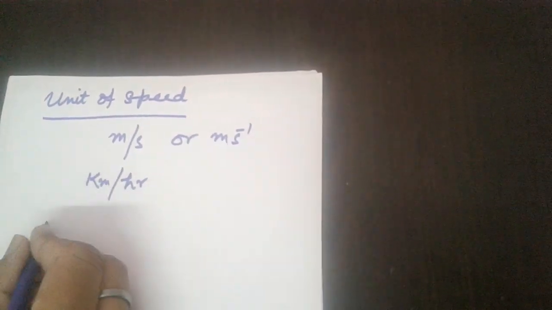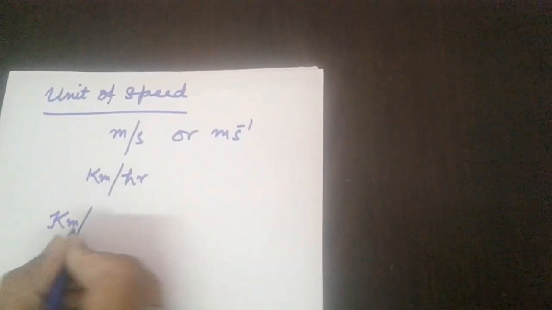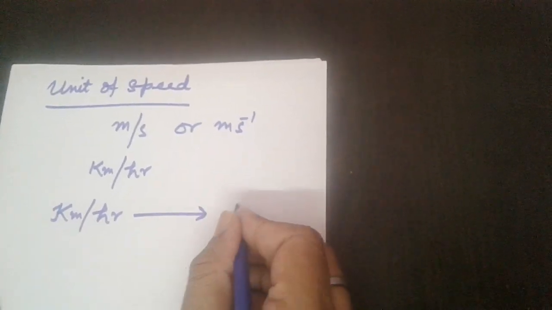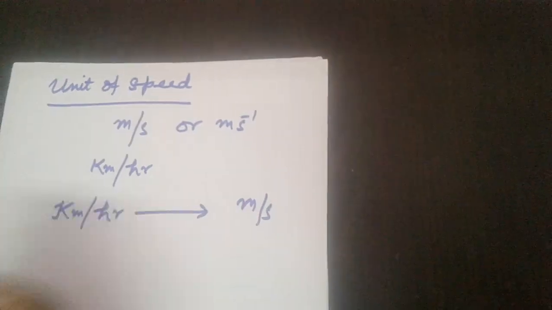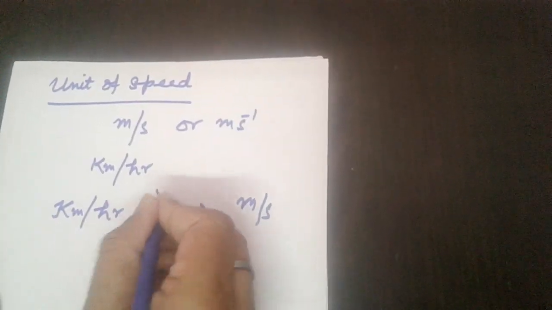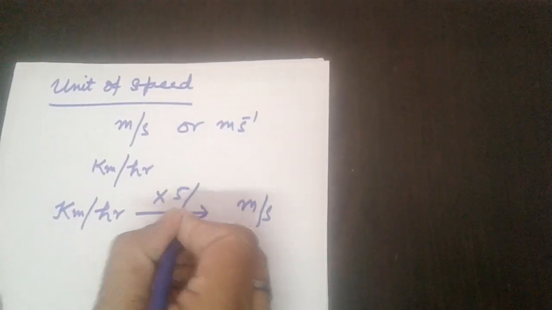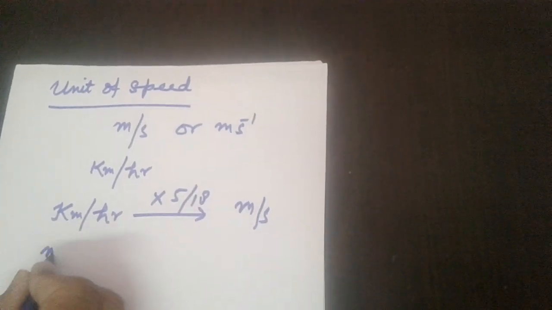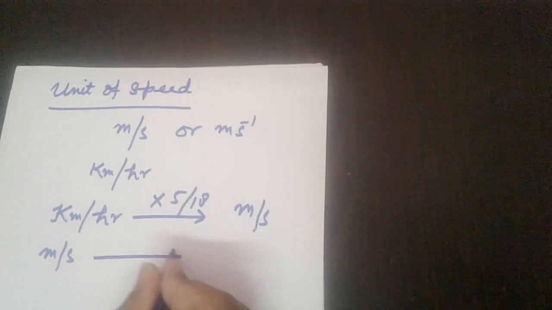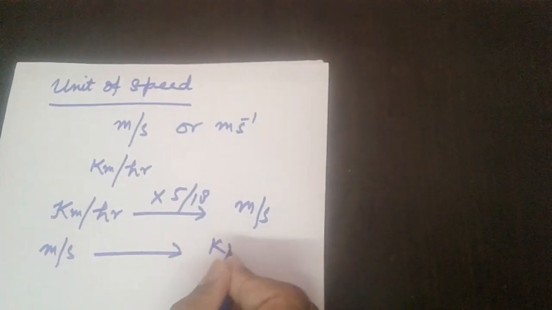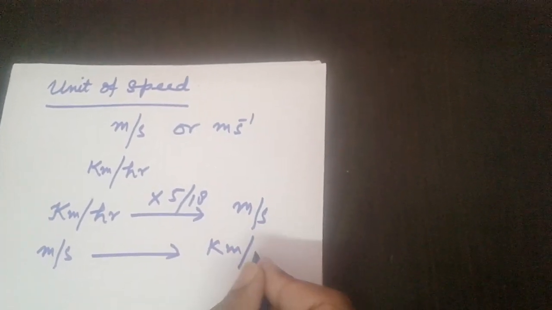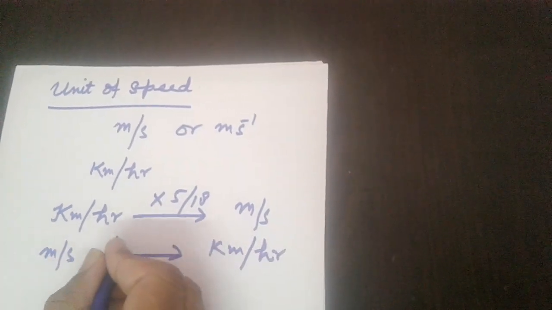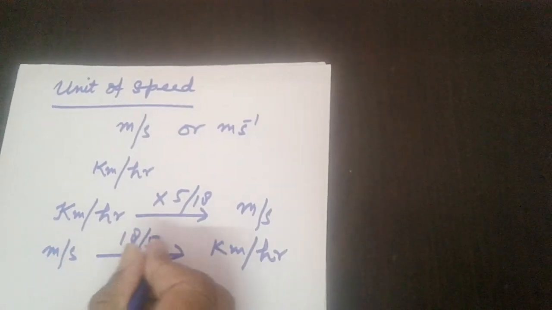If we have to change kilometer per hour into meter per second, we multiply by 5 by 18. When we change meter per second into kilometer per hour, we multiply by 18 by 5.